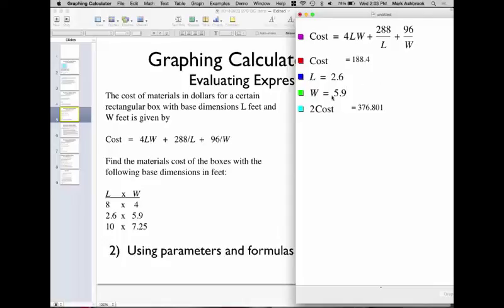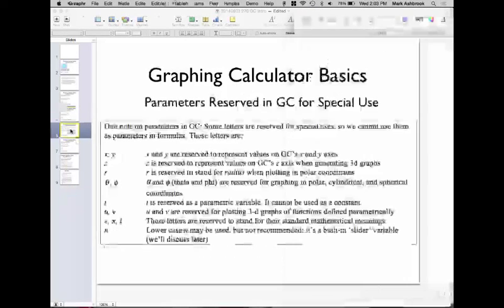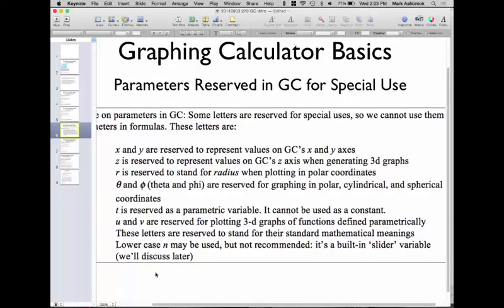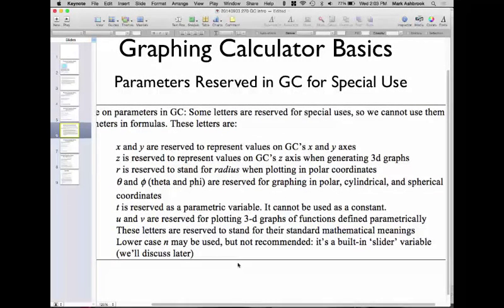Okay, so regarding constants and parameters and variables in GC, can you read that? I'll see if I can make it bigger. Some letters are reserved. You don't want to try to write this down. Just don't try to write this down.